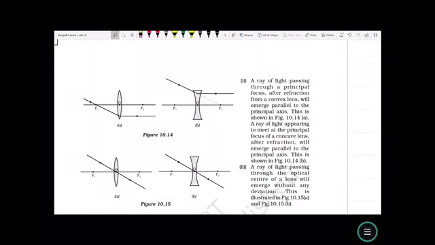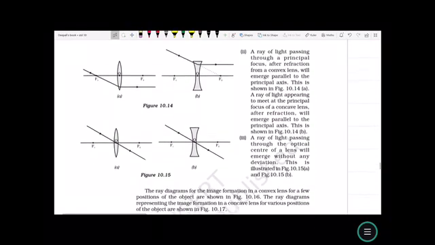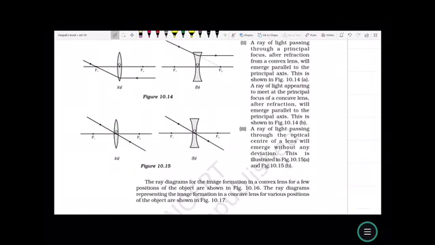This is shown in figure 10.14. So you can observe how it forms after refraction. The ray of light passing through the optical center of the lens will emerge without any deviation. This is illustrated in figure 10.15a and figure 10.15b.